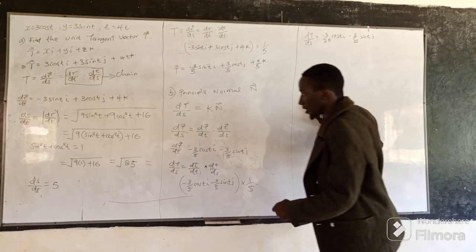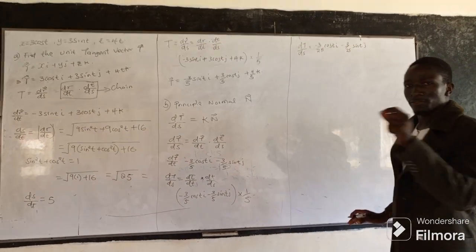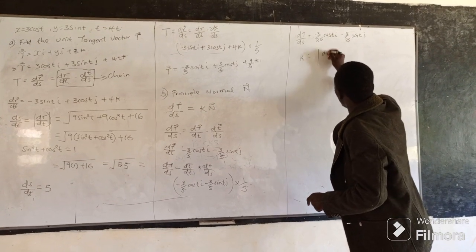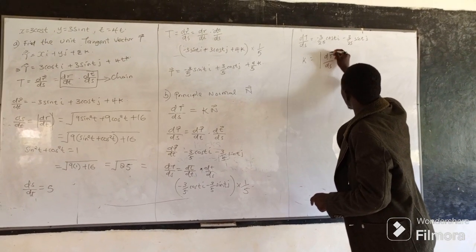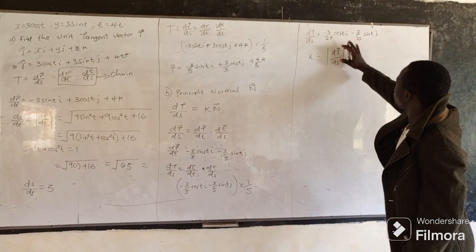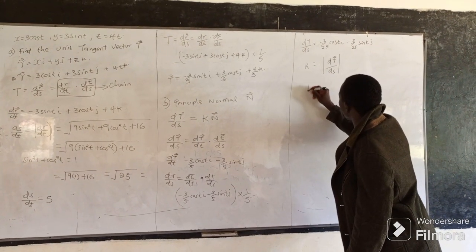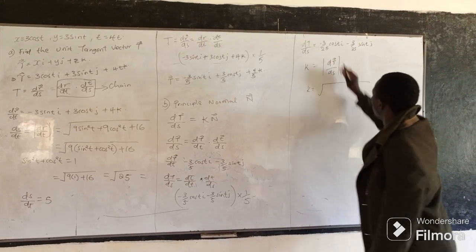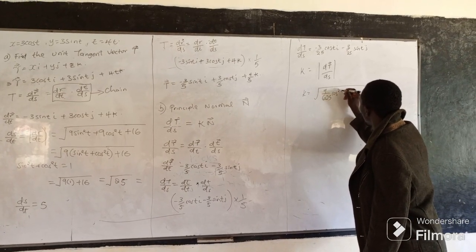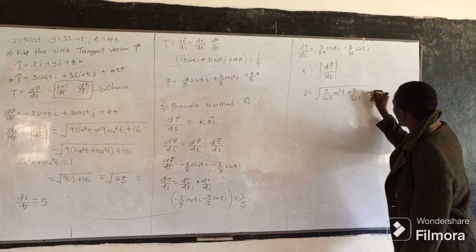But I was looking at the principal normal N. Now, from this dT/ds, I can first find the value of k, and k is equal to the magnitude of dT/ds. The modulus of dT/ds is the square root of the sum of squares. So k is equal to the square root of 9/625 cos square t plus 9/625 sin square t.